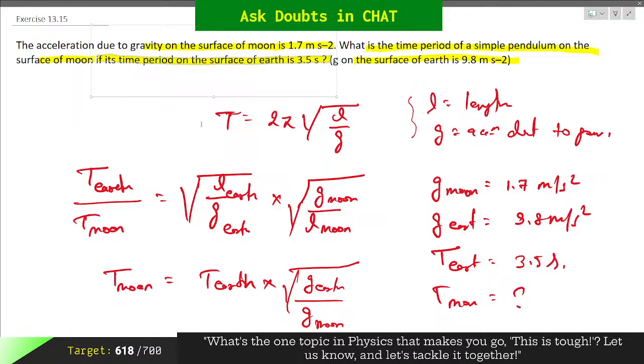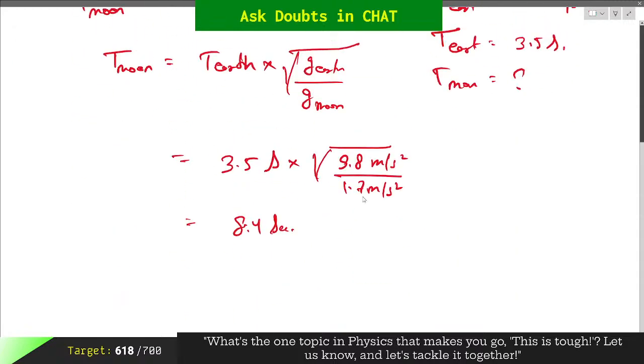Now if we compare the values for moon and earth, T of earth by T of moon would be equal to root of acceleration due to gravity of moon by earth. If we substitute the values in this equation, we get the time period on the moon, and that would be equal to 8.4 seconds.